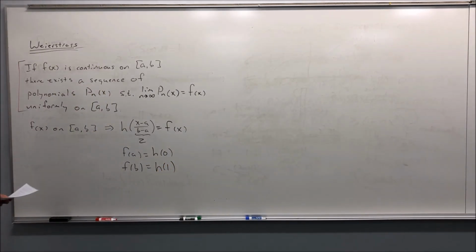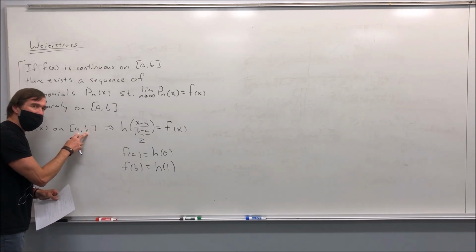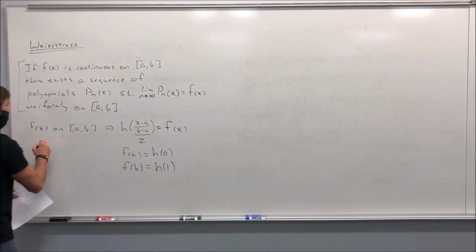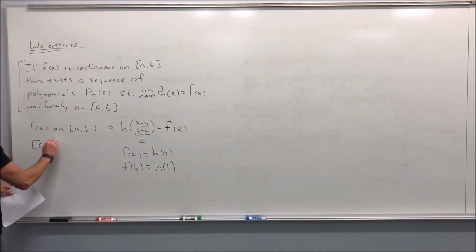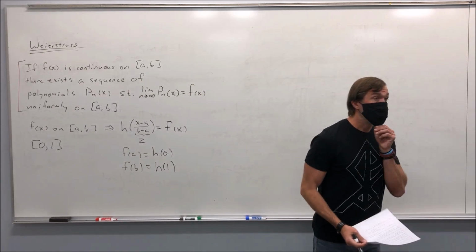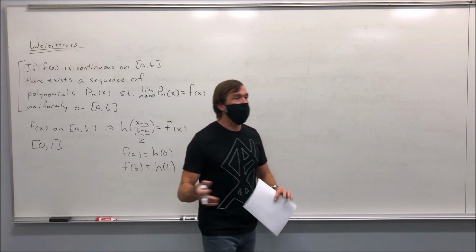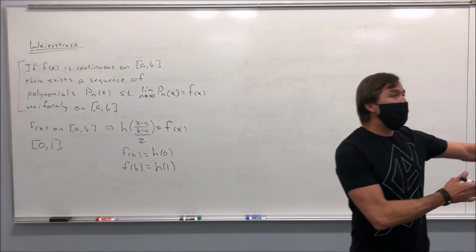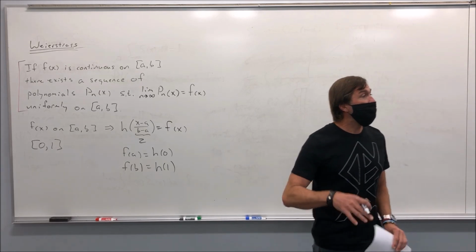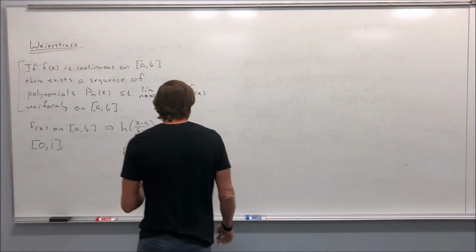Okay? So what we can do is we can always take an interval from a to b, and we can redefine the function so that the actual interval is from 0 to 1. That's without any loss of generality. Okay? Conversely, you can take anything which is defined over the interval from 0 to 1 and redefine it in terms of the interval a to b. Okay, so we're going to work with 0 to 1, but we're not losing any generality in doing that.